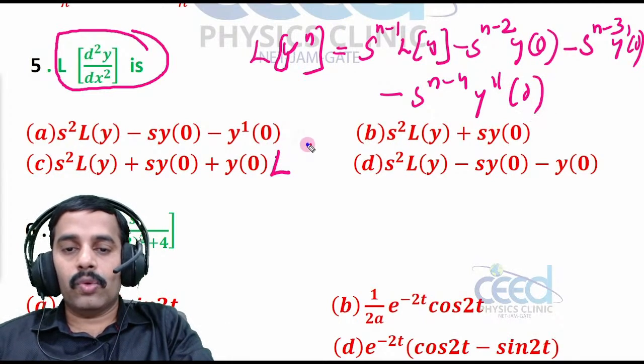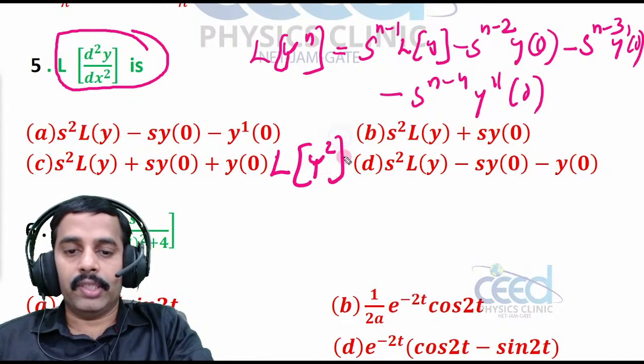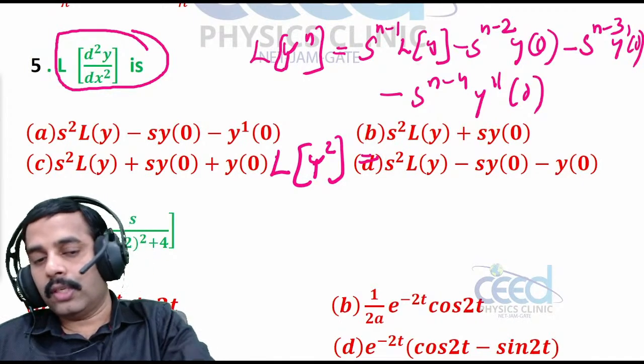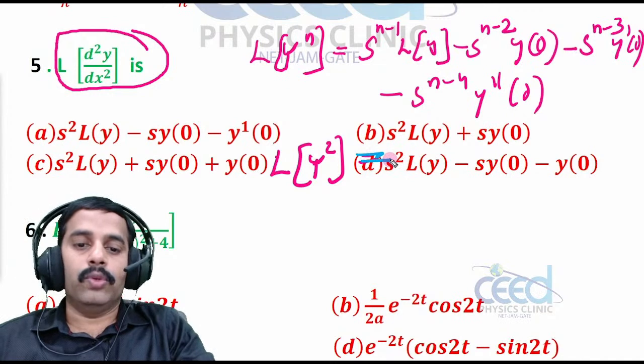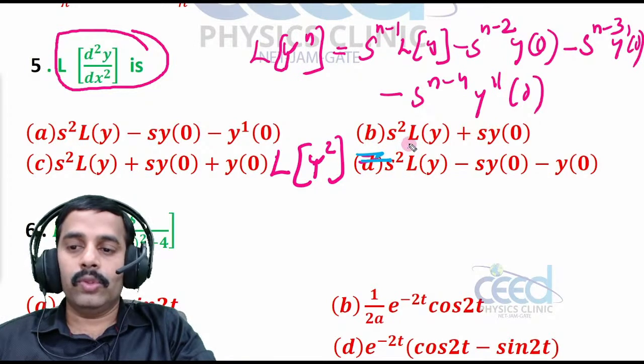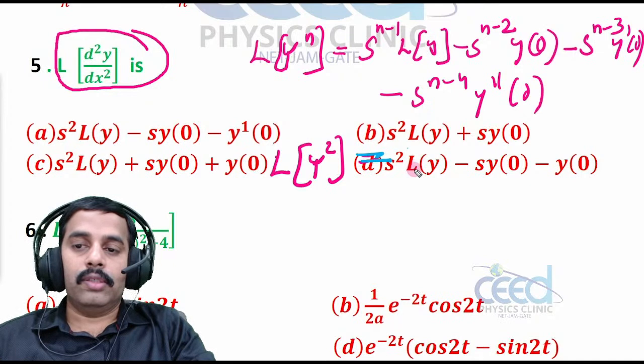So the Laplace of y2, the second derivative, is what we require. Let me use another color. That is equal to, for the second derivative, n is equal to 2. So which one will be the option?